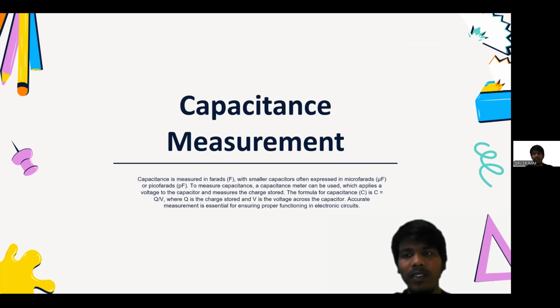Now, the formula for capacitance is C = Q/V, where Q is the charge stored and V is the voltage across the capacitor. Accurate measurement is essential for proper functioning in electrical circuits.